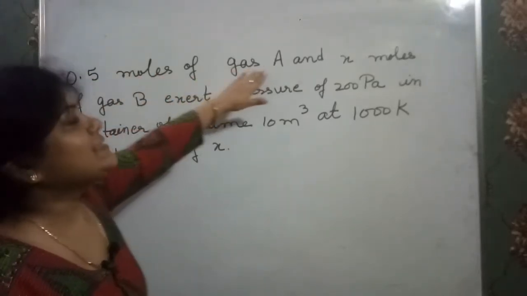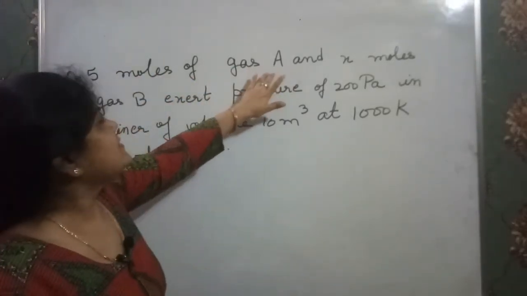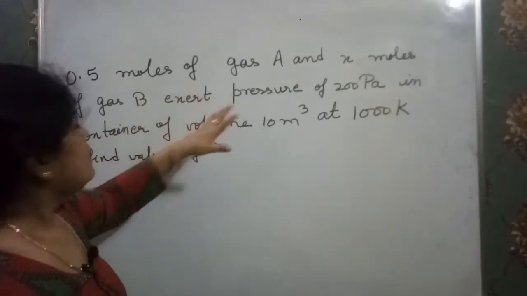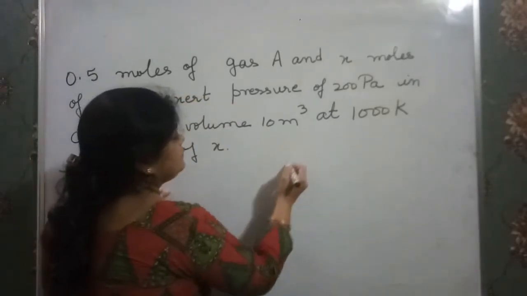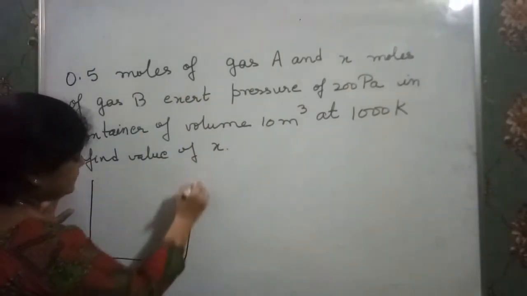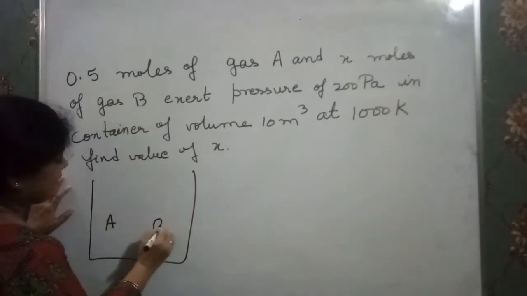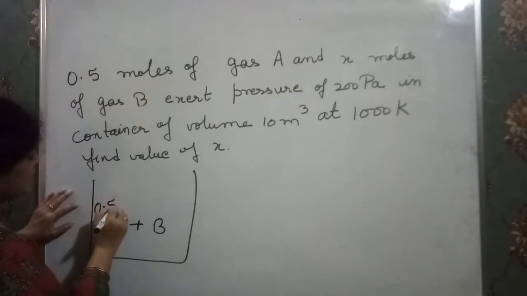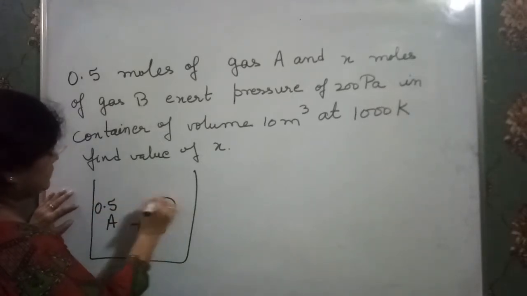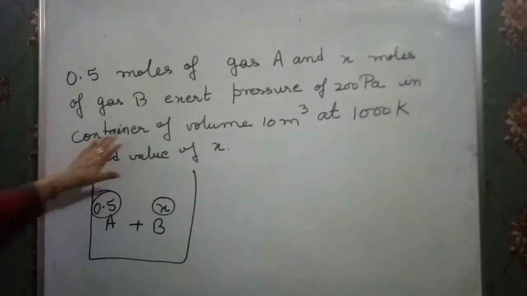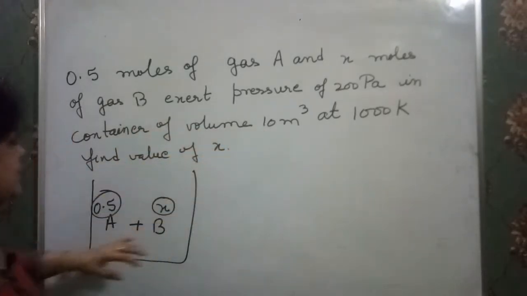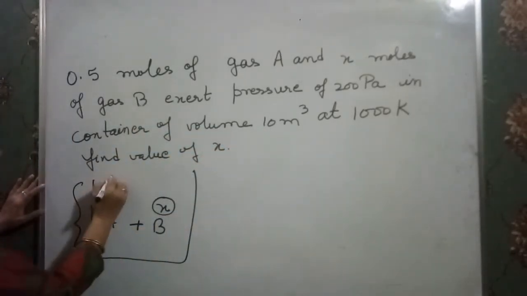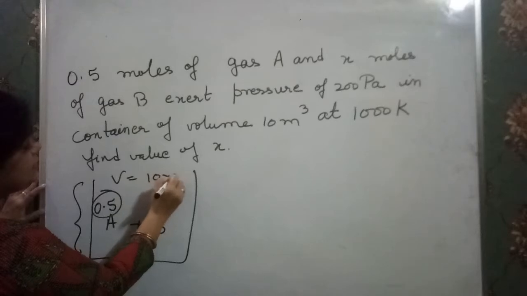0.5 moles of gas A. There are two gases, gas A and gas B, in a container. The container has 0.5 moles of A and X moles of B. The volume of the container is 10 meter cube.